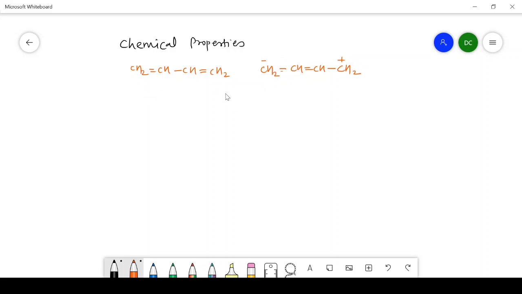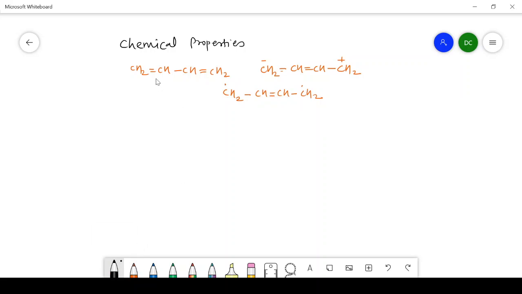Along with this, we have studied another structure in which there is a presence of radical on the terminal carbon, and the structure will be like this. It is a di-radical structure. Now look at the structure of 1,3-butadiene.